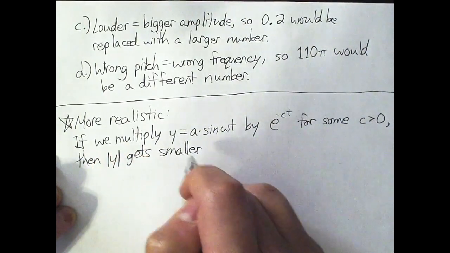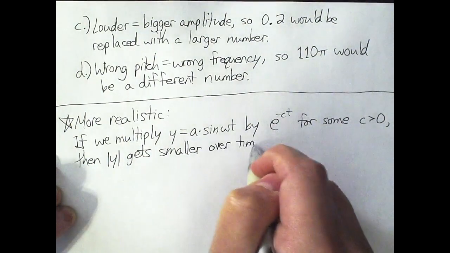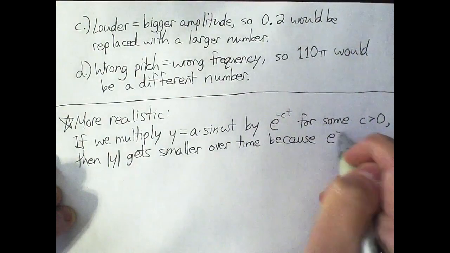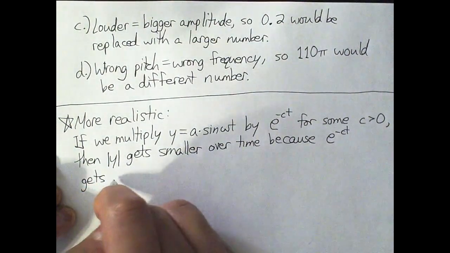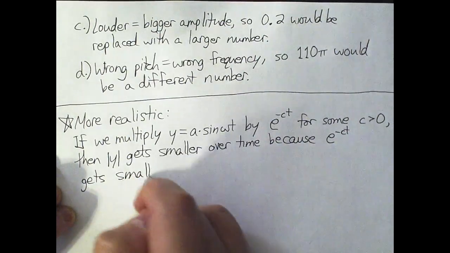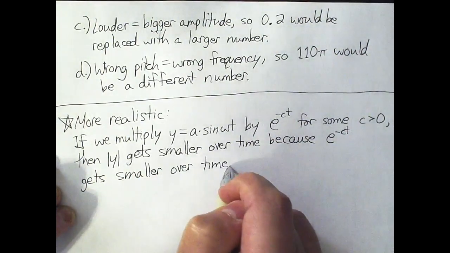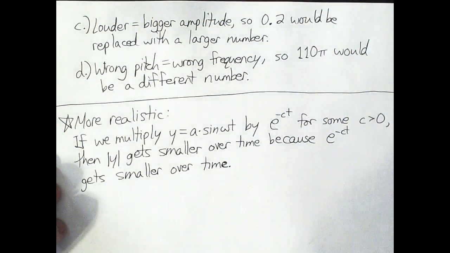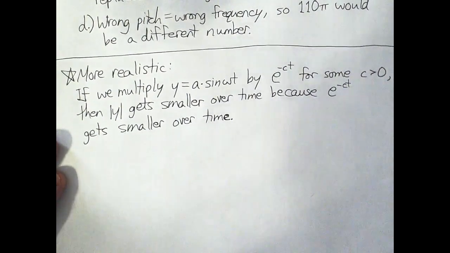Y gets smaller over time because e to the negative ct gets smaller over time. So this is a trick to make our formula for harmonic motion more realistic.